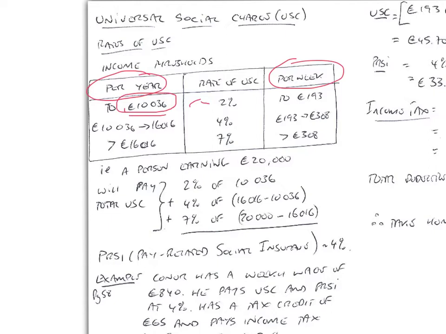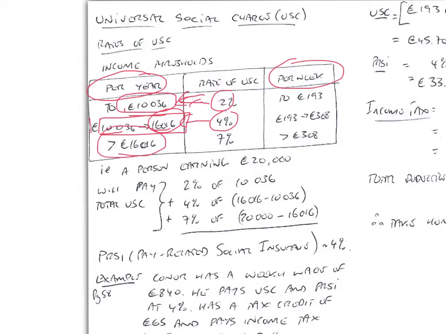If they earn more than 10,036, then they'll pay 2% up to that level, and they'll pay 4% on anything they earn between here and 16,016. Now, if they're earning more than 16,016, then they'll pay 2% of this level, 4% of between here and here, and then they'll pay 7% on the remainder that's greater than 16,016.